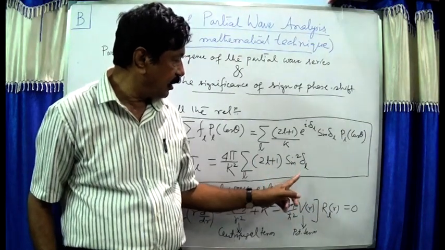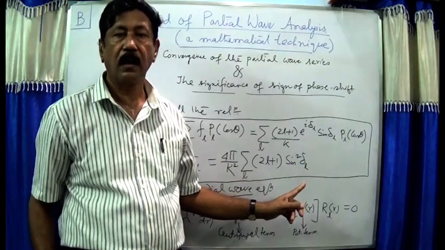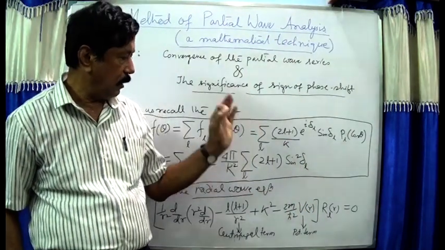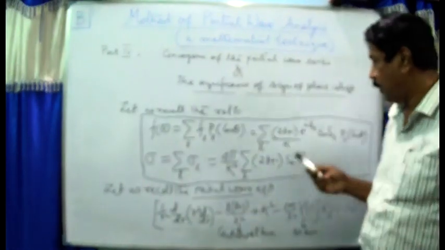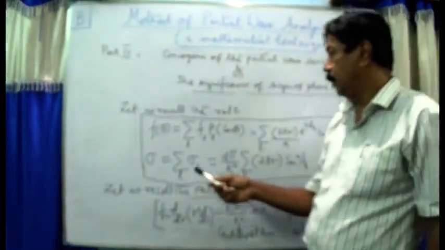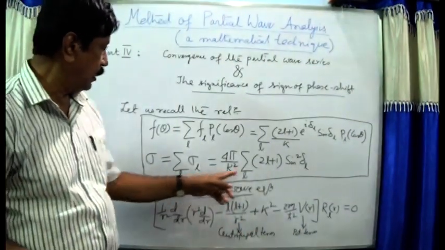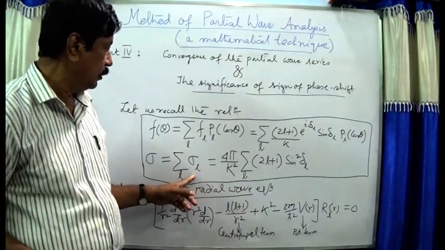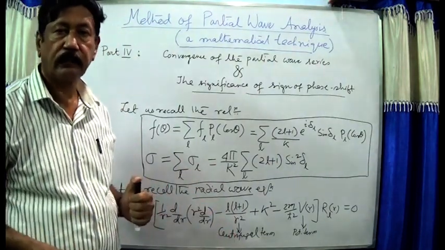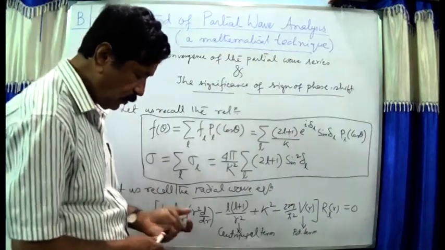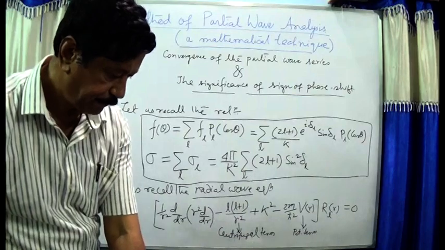That means the value of the phase shift delta_L will be very minimum, and for which the value of sigma_L will also be very small.